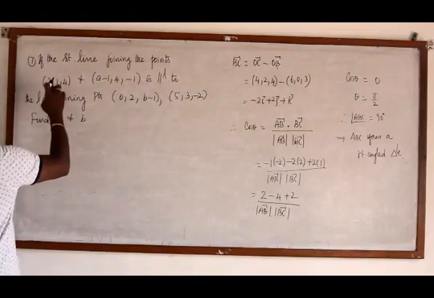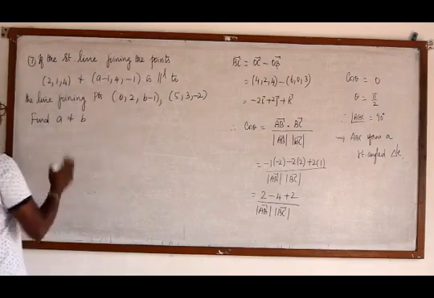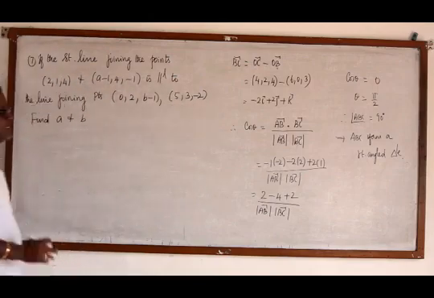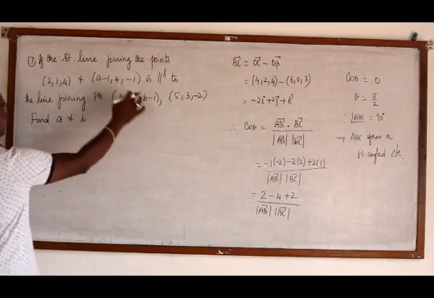Now, a line passing through these 2 points is parallel to another line passing through these 2 points. That's all. I have to find a and b.